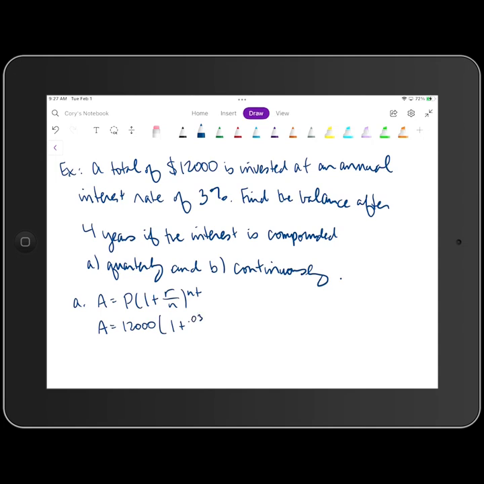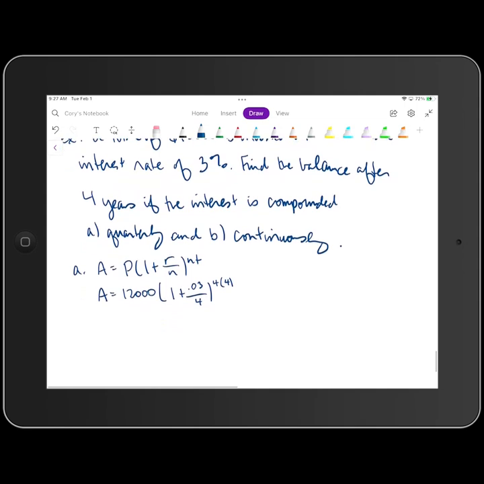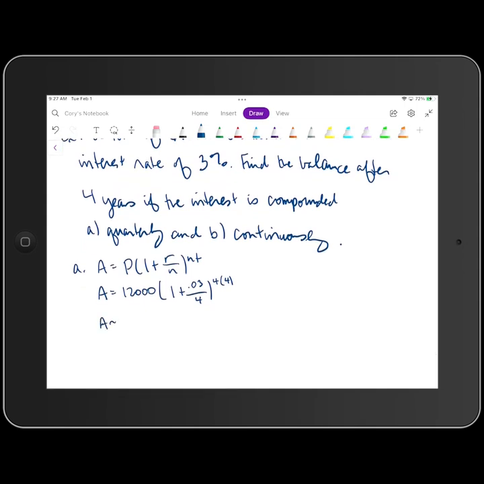So as a decimal, that is 0.03, divided by n, so that's being compounded quarterly, so that's 4 times per year, raised to the n, which is 4, times t, so t is 4 years, so that's going to be 4 times 4 power. And then when we plug that into our calculator, I got A to be approximately $13,523.91.